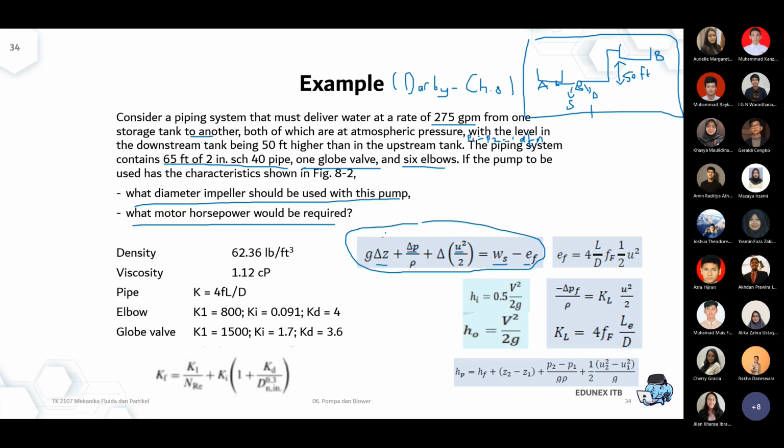Can someone help me confirm whether you have the information about the delta Z or not? Which part gives you information about the delta Z, or is it not yet provided?